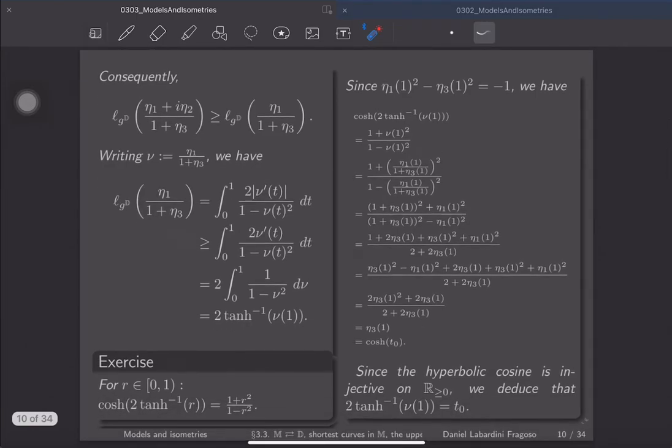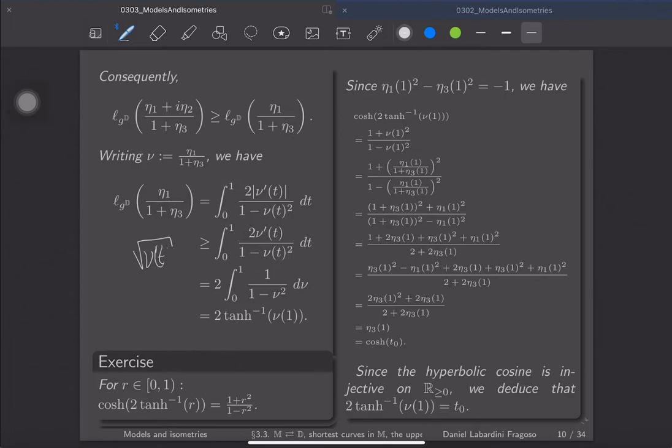So you see this is nu, and so what do I have to integrate? I have to integrate for this length the square root of nu prime of t square.